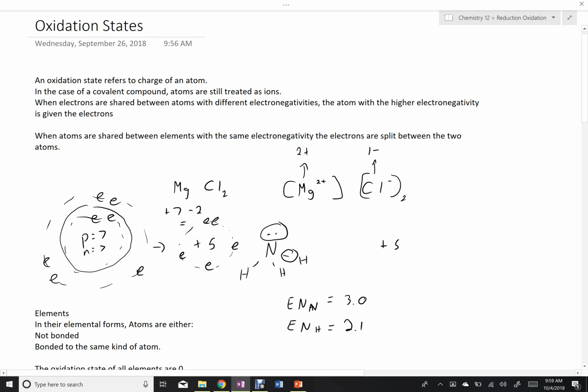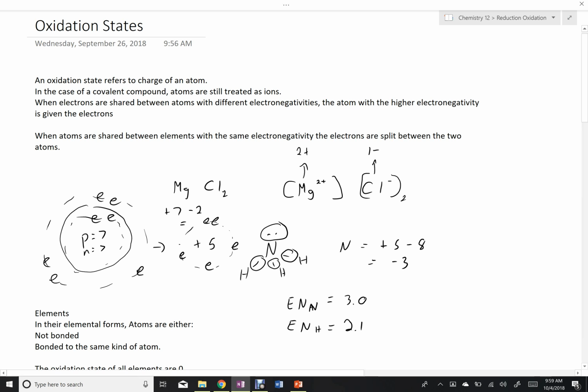So nitrogen would get to claim those ones, and those ones, and those ones, since it has the higher electronegativity in all of those cases. 2, 4, 6, 8. That means that it has 8 electrons that it gets to lay claim to. That means for our nitrogen, its oxidation state will be -3. And for the purposes of this electrochemistry, we're going to treat it as if it's a -3 ion.